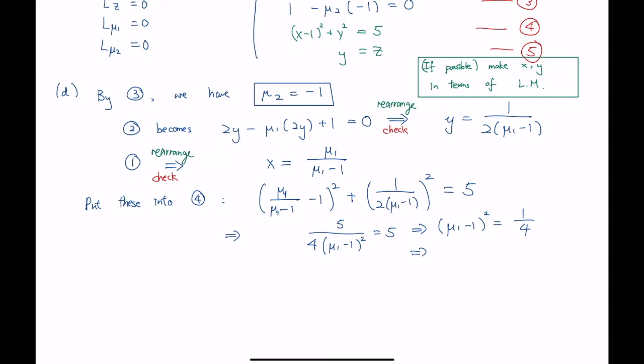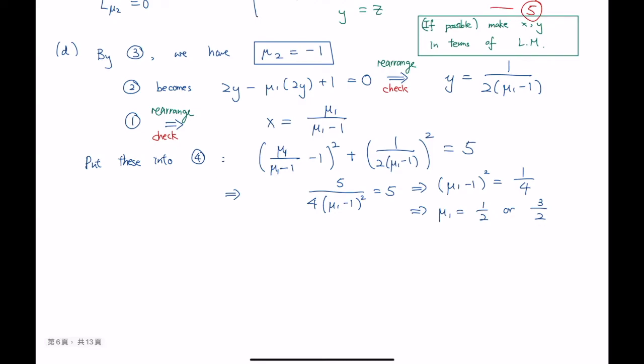Therefore, there are two possibilities for mu1. Mu1 either equals a half or 3 over 2. Okay? So we have two possibilities. If mu1 is a half, then what is x?